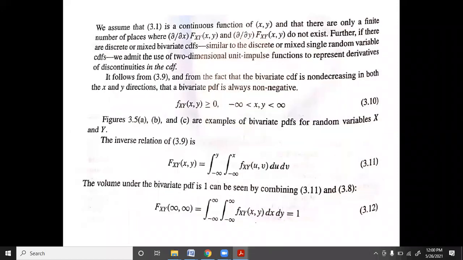We need to go from a continuous function of x and y. There exists only a finite number of places where ∂/∂x of F of x y and ∂/∂y of F of x y do not exist.